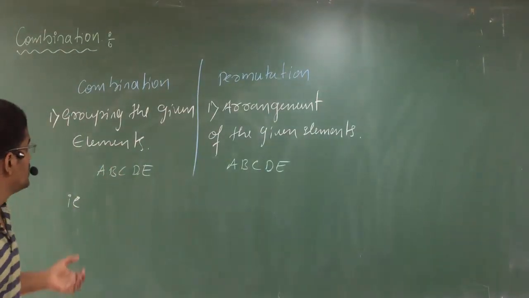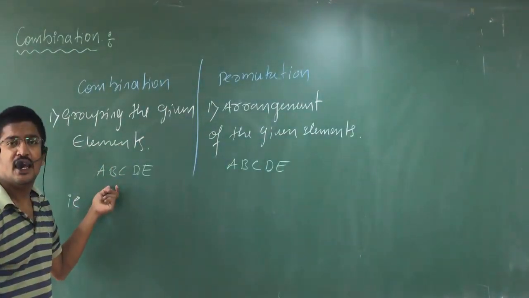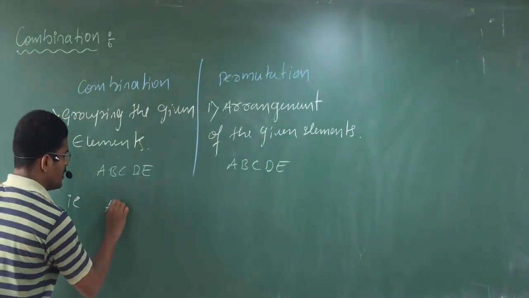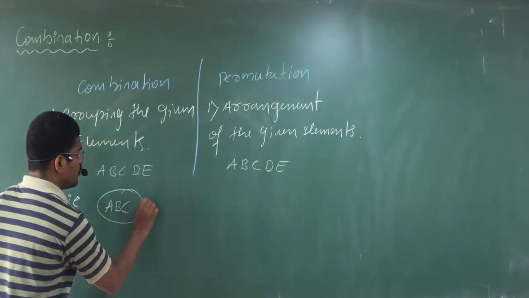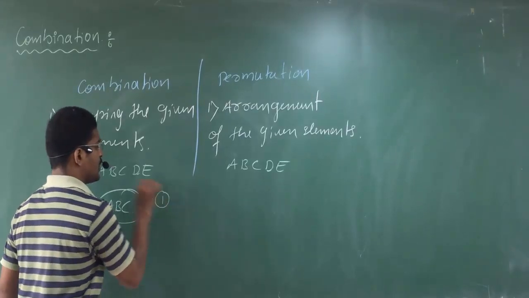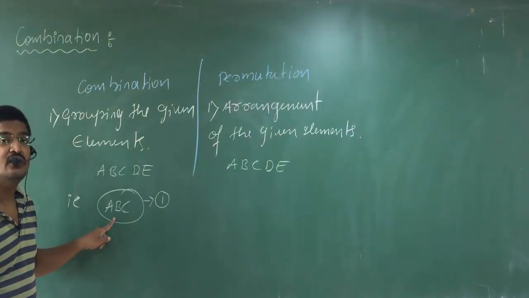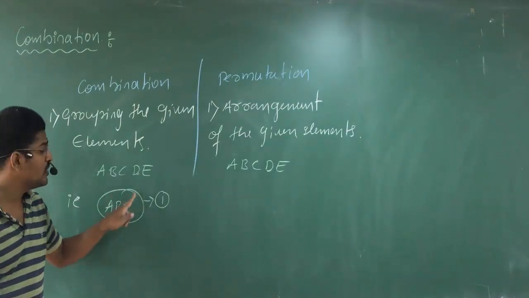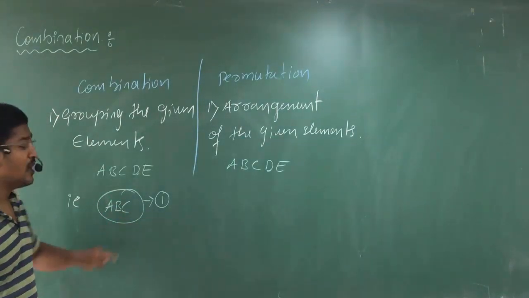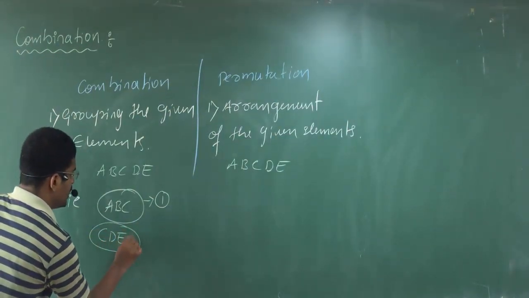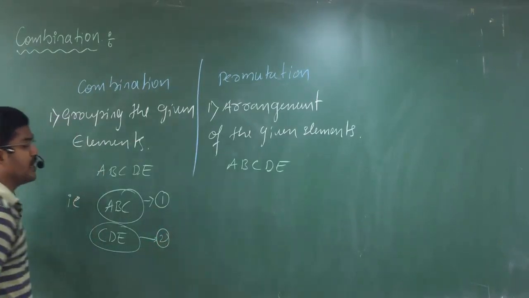See, I will choose A, B, C. This is one combination. That is, by grouping three elements of these 5, you will have one combination. Again, you can write C, D, E. This is your second combination.